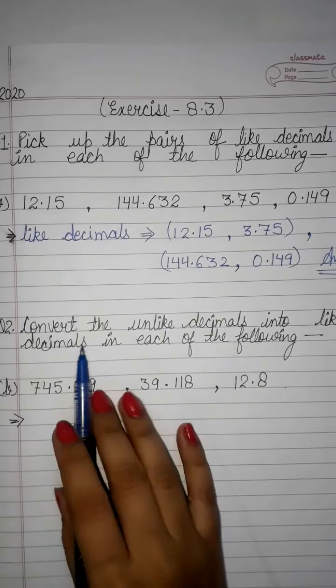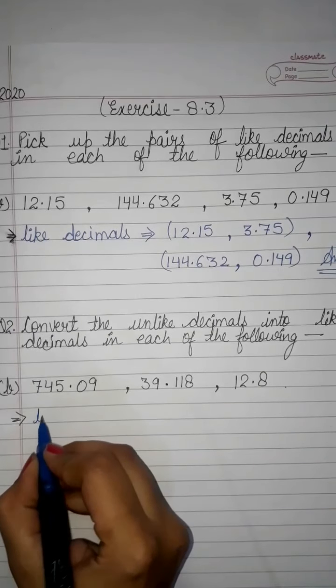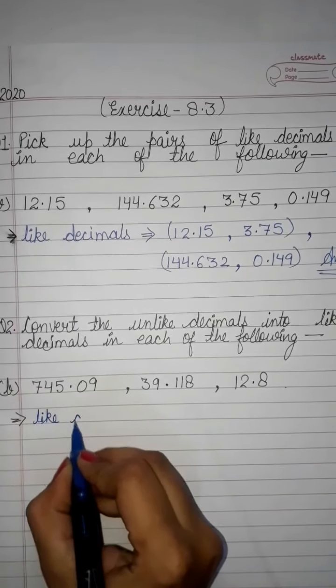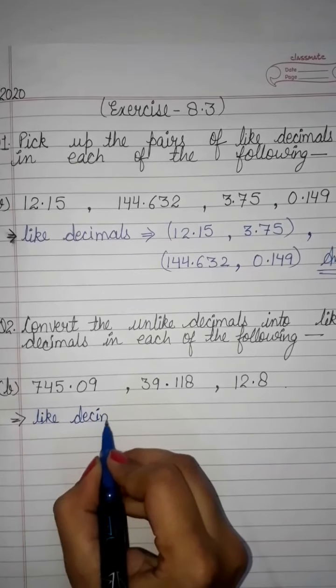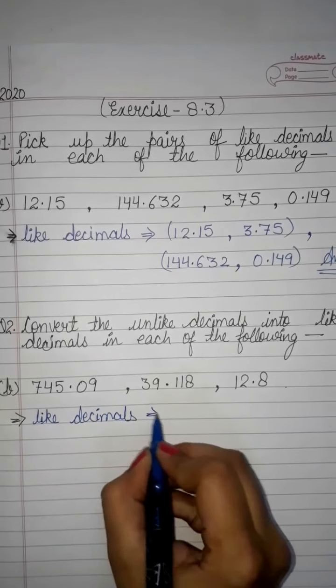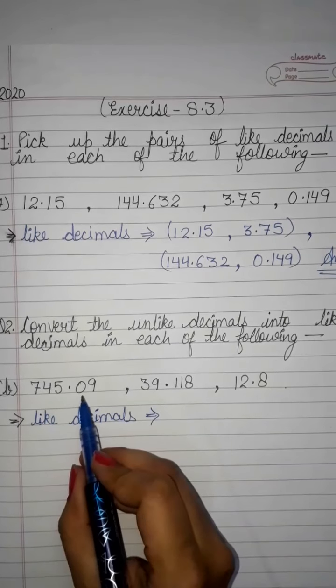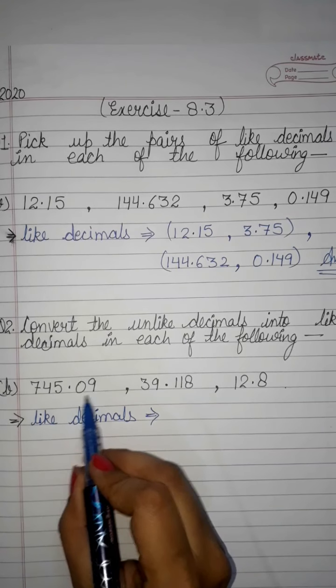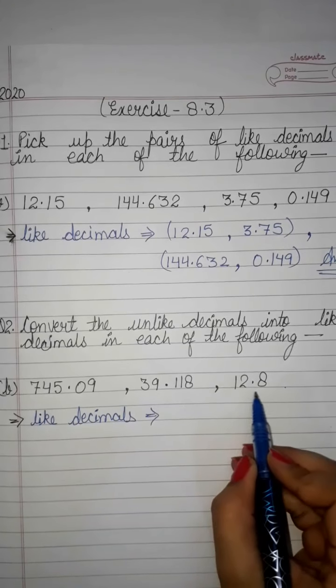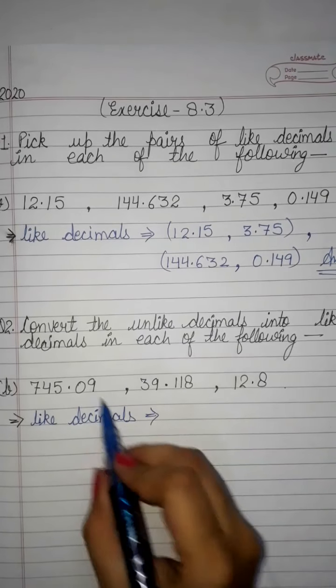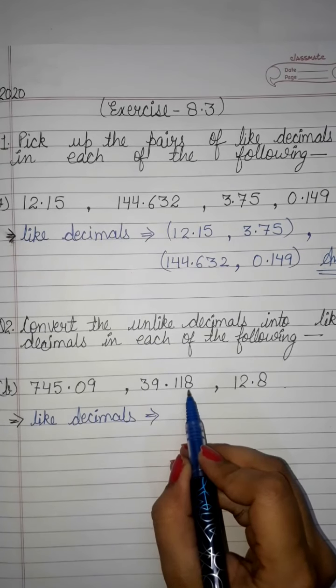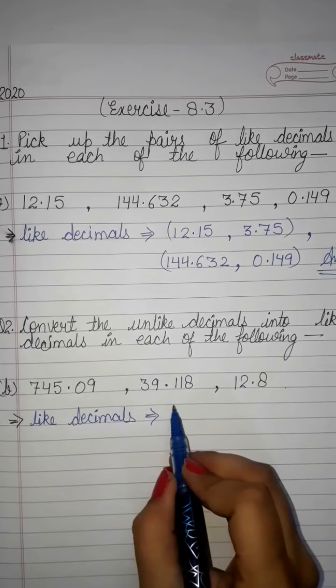So now how to convert? Just see. Write down like decimals. You know what like decimals are? Those which have the same decimal places. So in this, how many decimal places are there? 2. In this, 3. In this, 1. So which is the highest decimal place? 3. So now we will make all the decimal places 3.